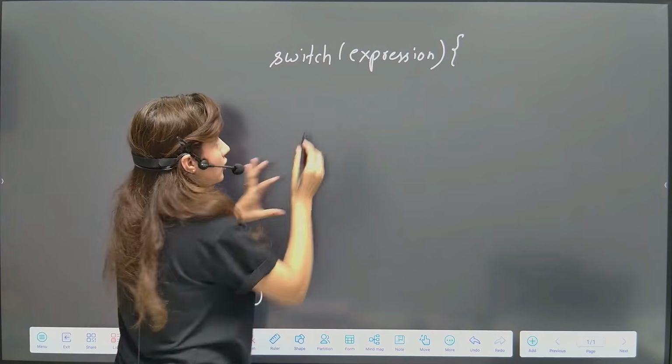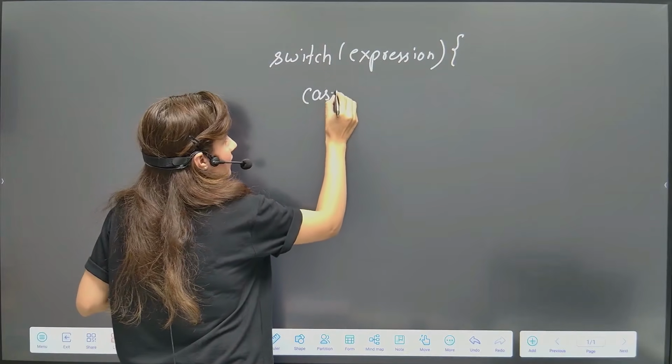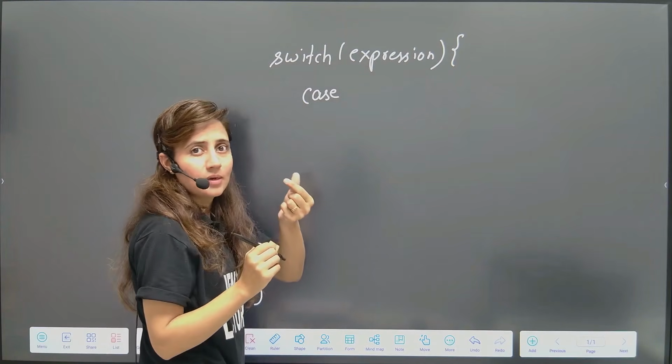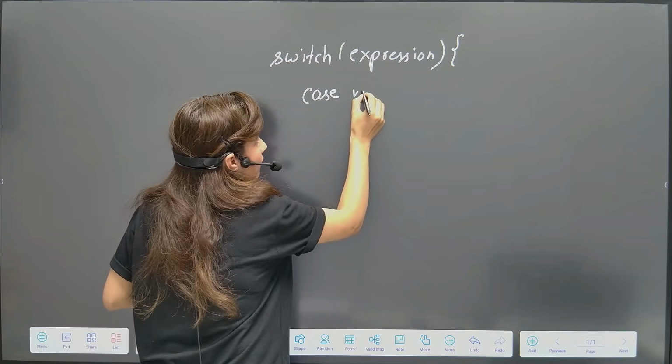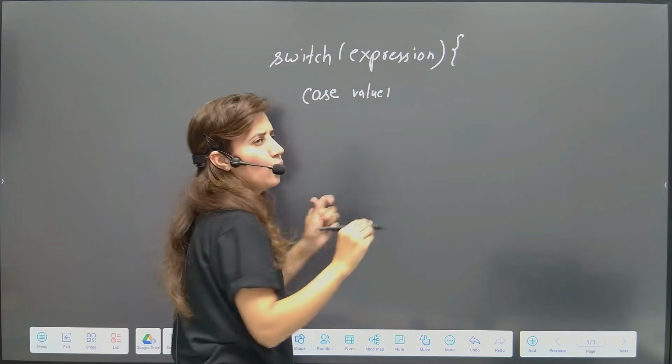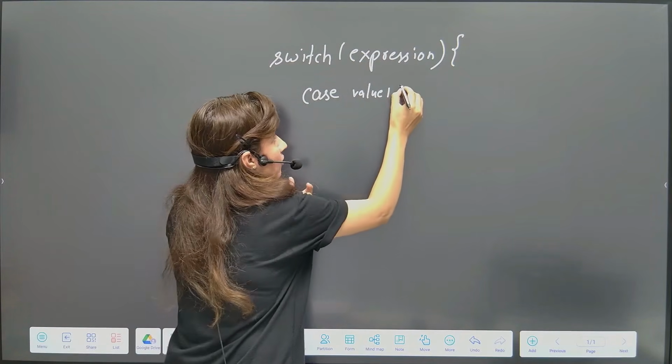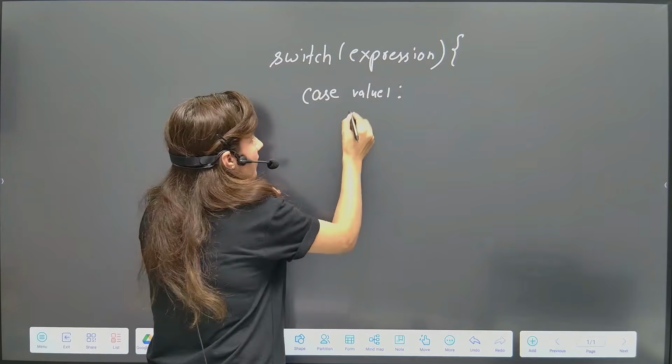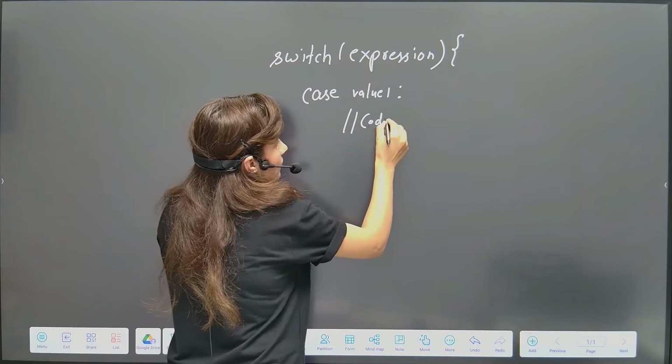Now within this switch block, we have many cases. Case is again a keyword. We use the keyword, and here we write some value like value 1, and then a colon. And then here we write some code.